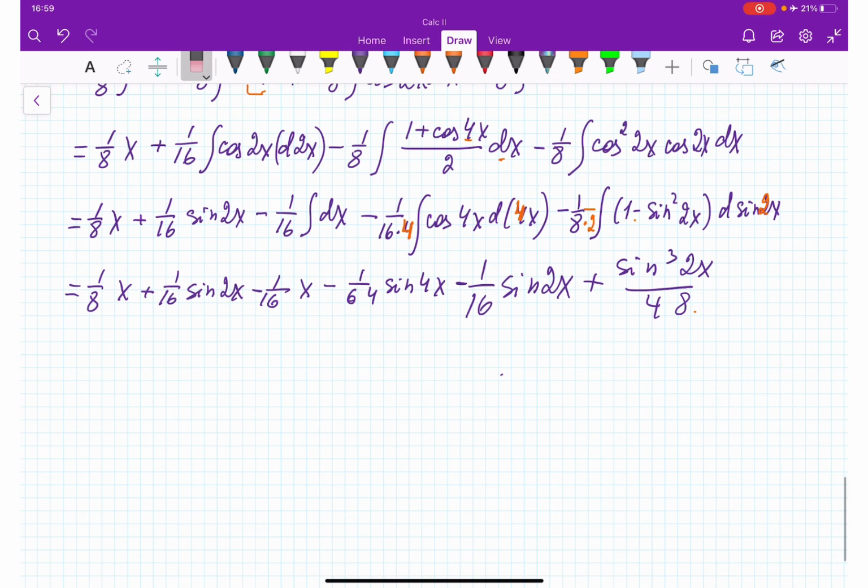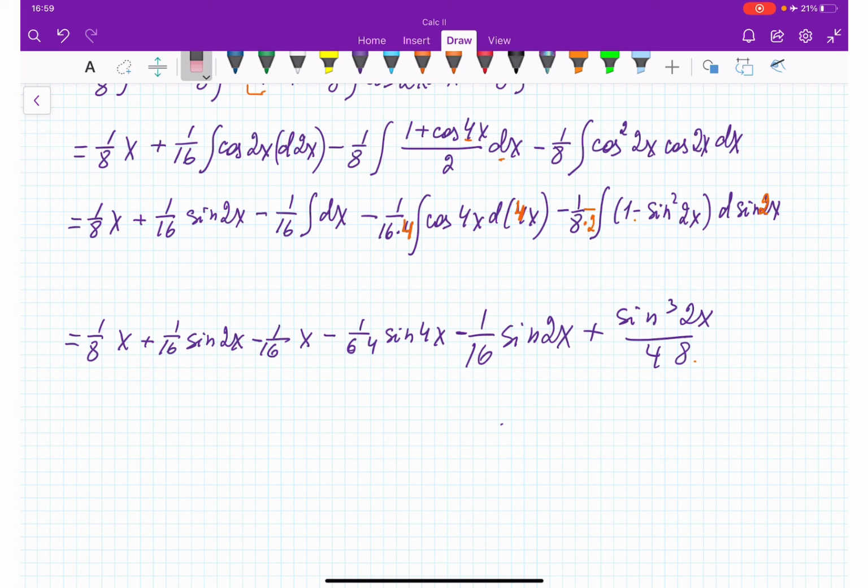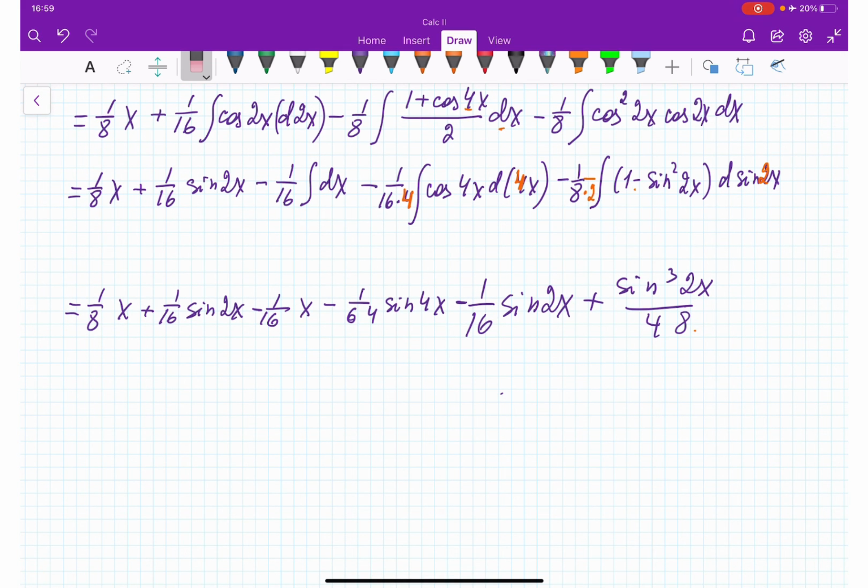Okay, and we practically have the final answer: 1 over 8x plus 1 over 16 sine 2x minus 1 over 16x.